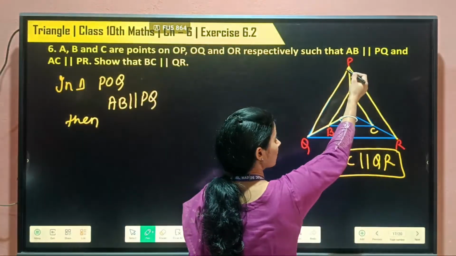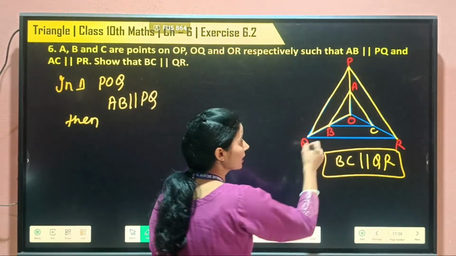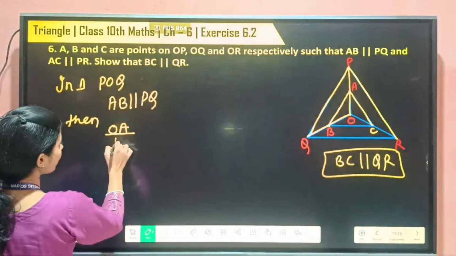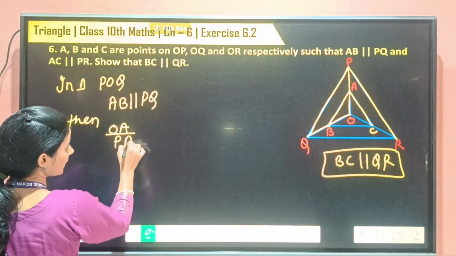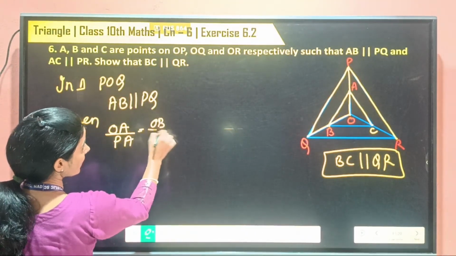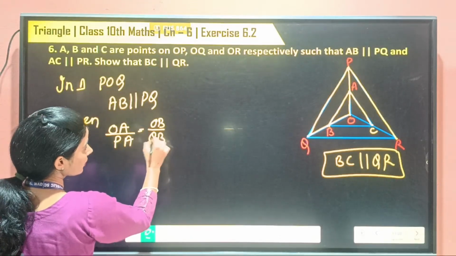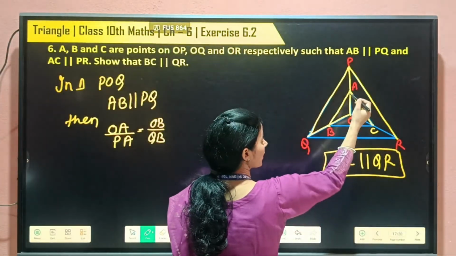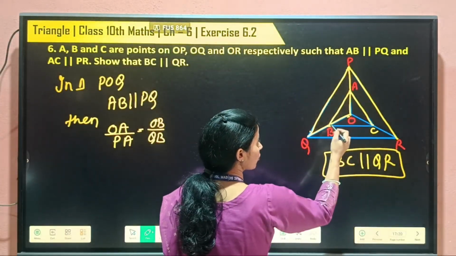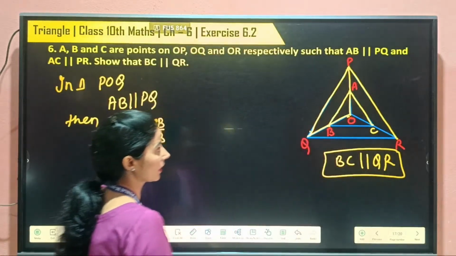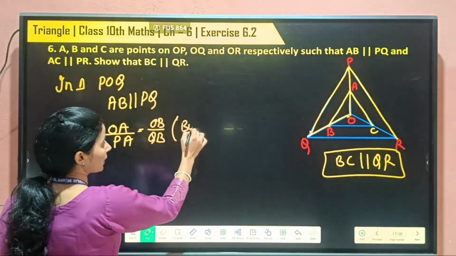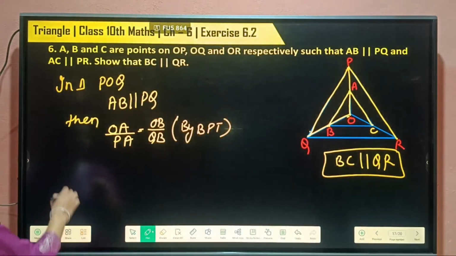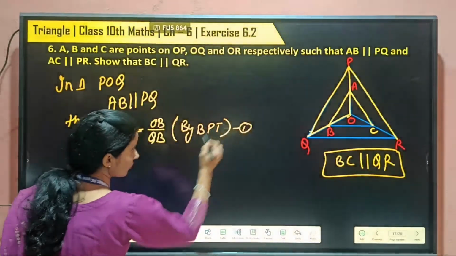I can write OA by PA equals OB by BQ, by BPT theorem. Say this is equation number 1.